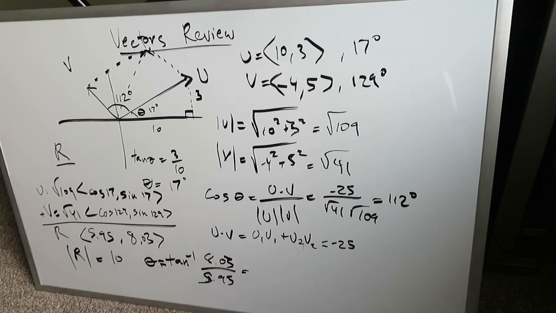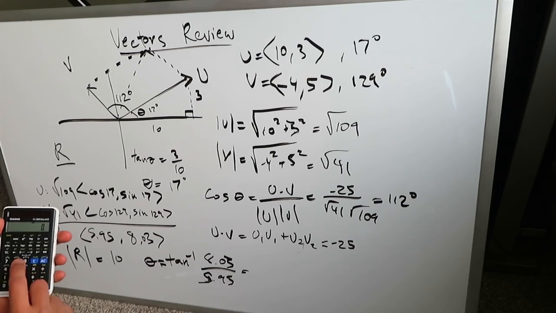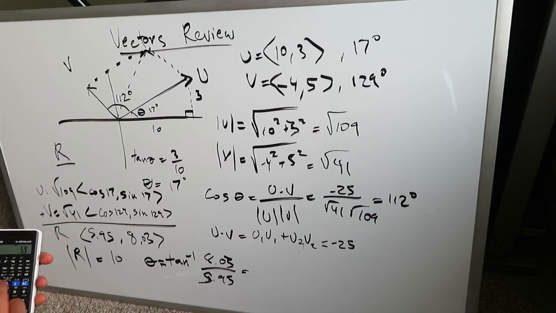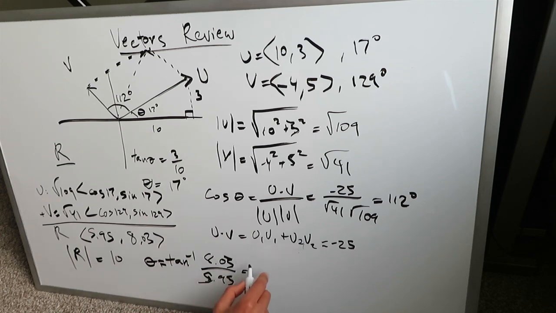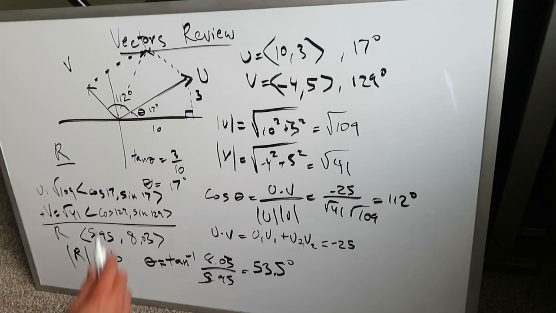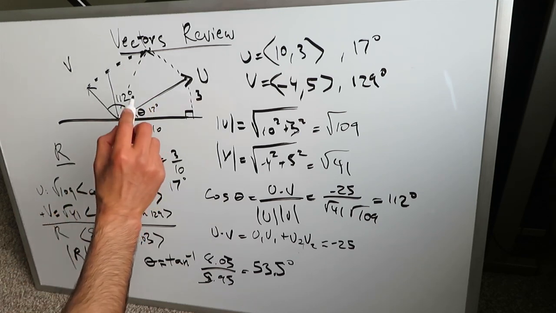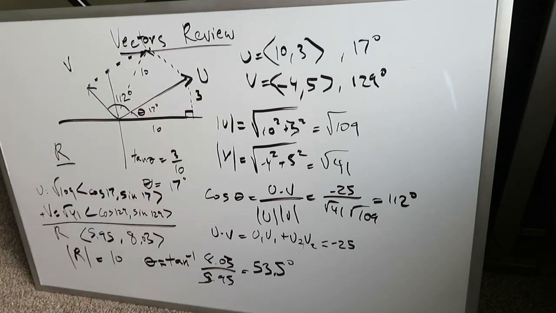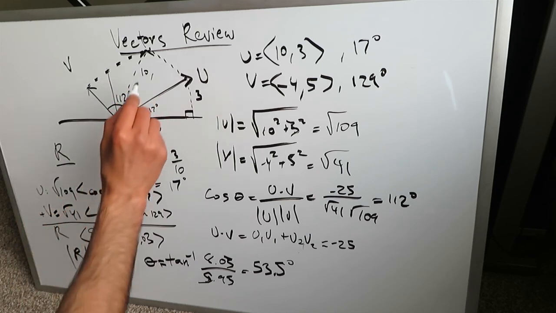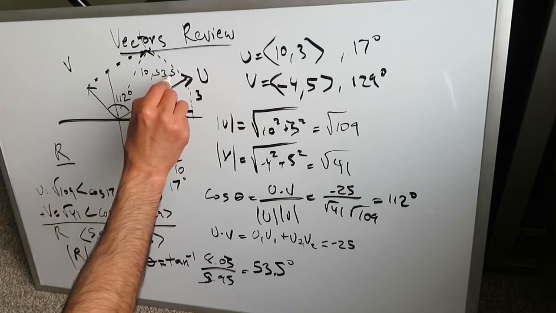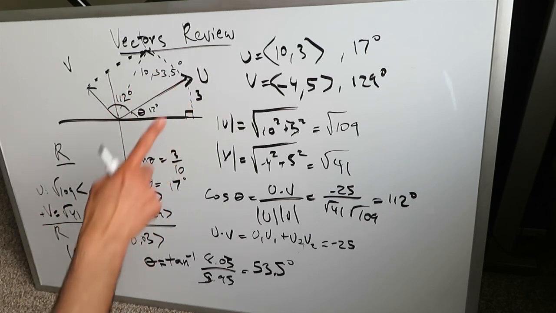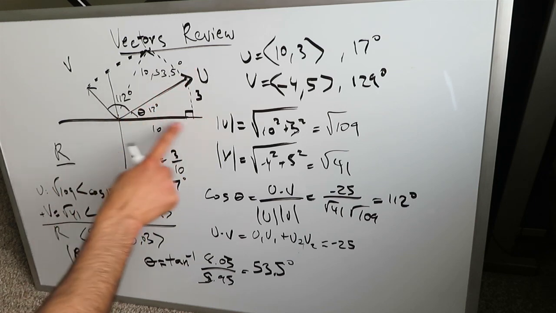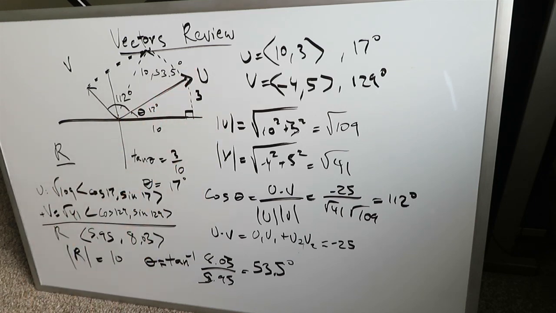The y over x, or the sine over cosine, divide these numbers and take the inverse tan. 8.03 divided by 5.95 inverse tan, and I get 53.5 degrees. So my resultant right over here has a magnitude of 10, and it has a direction of 53.5 degrees with respect to the horizontal 0 degrees.